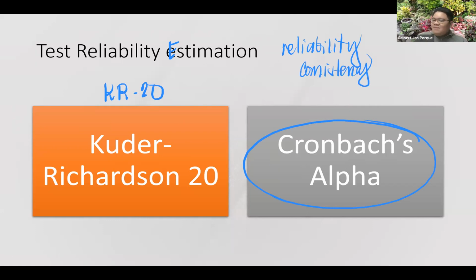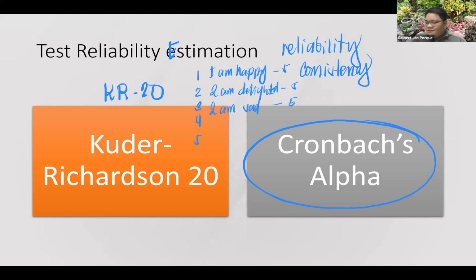So ano pong ibig sabihin ng consistency ng questionnaire? Ganito lang yan, class. If consistent ang questionnaire mo, for example, I say, I am happy, and I answer 5. Pagkatapos, I am delighted, I answer, for example, 5, strongly agree. Pagkatapos, I am sad, sinagot ko ulit ng 5.